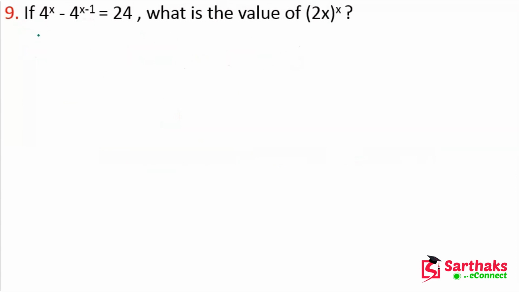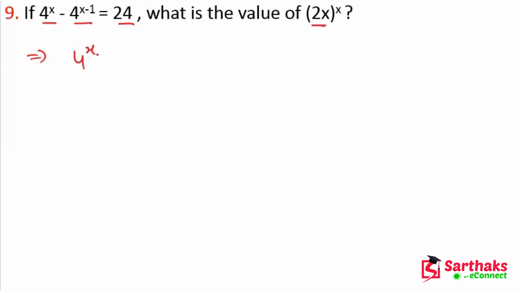So now my dear friend, the next question is 4^x minus 4^(x-1) is equal to 24. We have this equation. Now what is the value of (2x)^(2x)? First of all we have to find the value of x and put it in this expression.